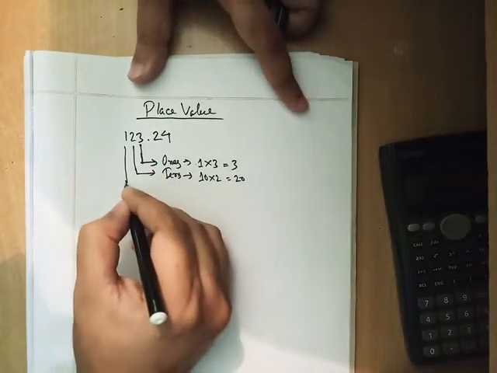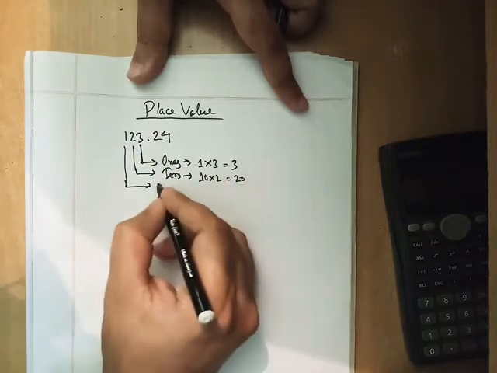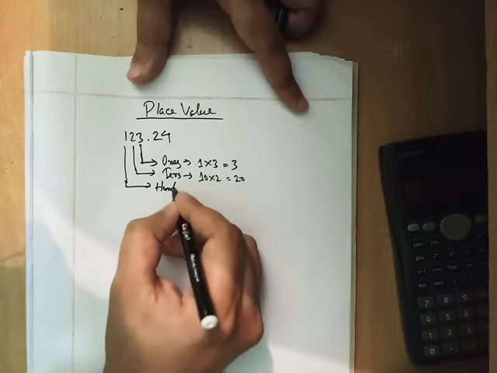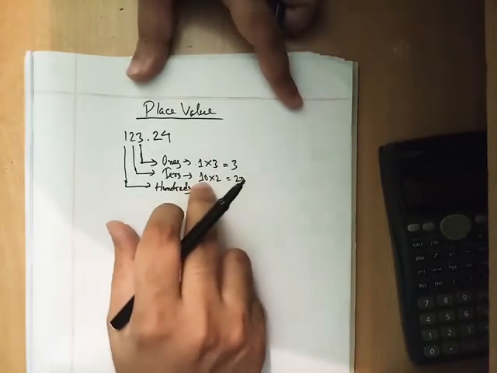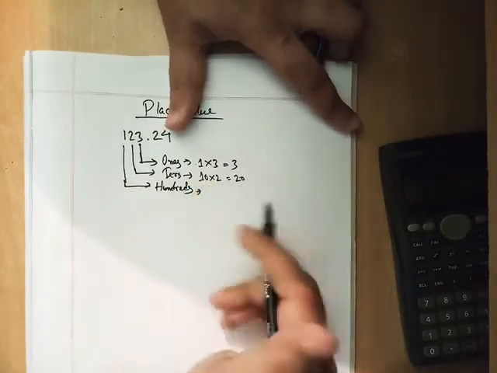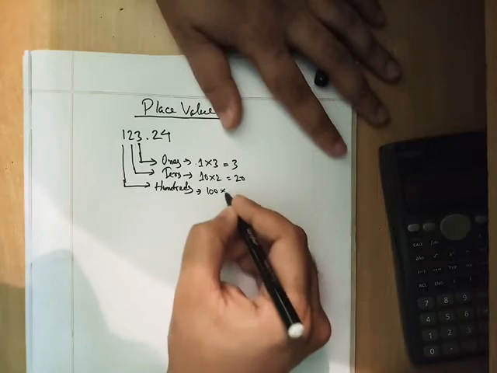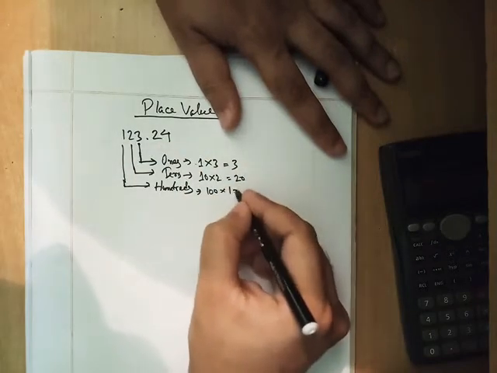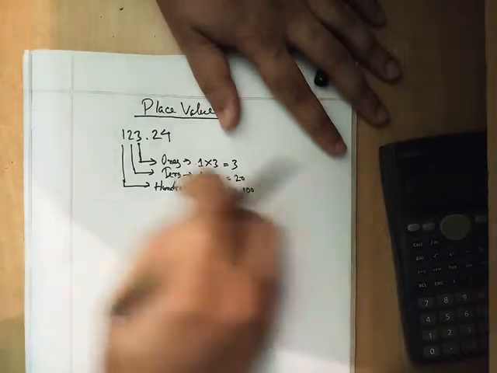The third digit's place name is hundreds. A 10 will increase over the previous number, so it will be 100, and we have the digit 1 here, so the value here is 100, right? So this goes for the whole number part.